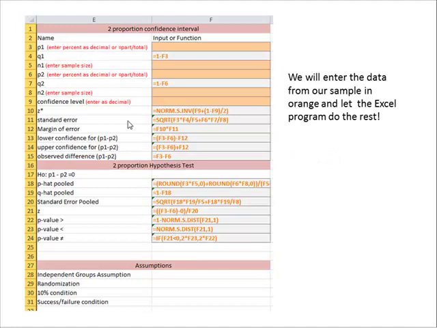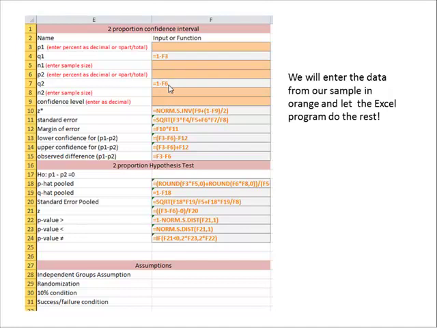Okay, so let's look at it. What you're going to do is input either the percent or the part out of total, however it's given to you, and then q1 would just be calculated as 1 minus whatever you have in there. And the sample size is n1 for that first proportion. And then in p2, you're going to put either the percent or the decimal for the second proportion that you're looking at.